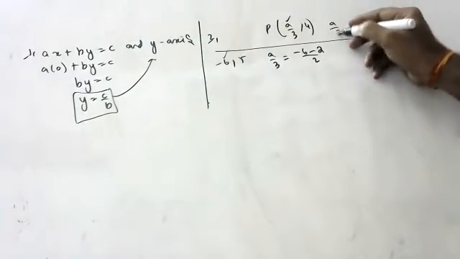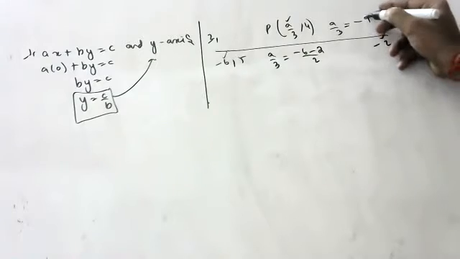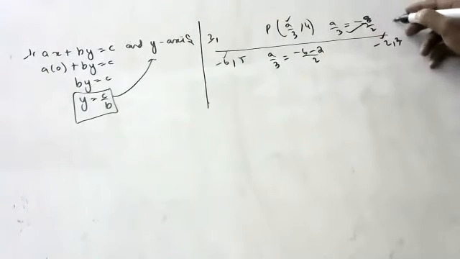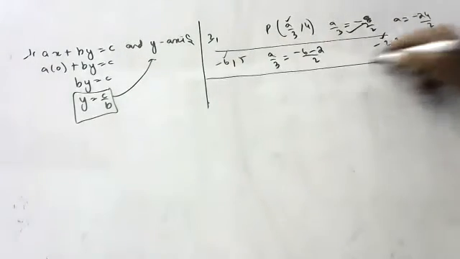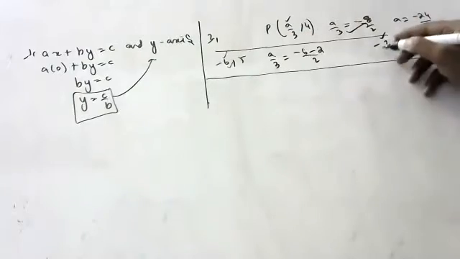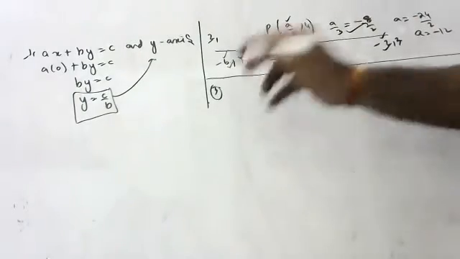So a by 3 is equal to minus 8 by 2, children. Minus 24 by 2, that is a is equal to minus 12. Midpoint formula: x1 plus x2 by 2.